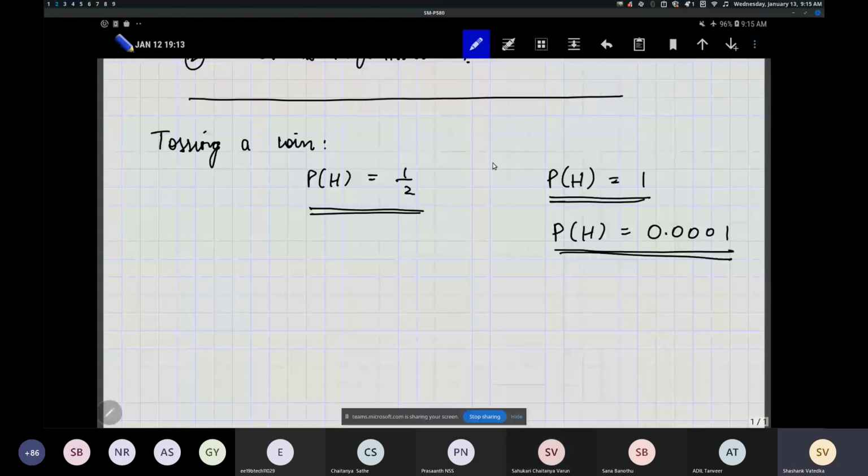Okay. So when I mean reduction in uncertainty, you know that you're going to toss a coin, right? Yes. But before tossing the coin, you don't know what the outcome is, right? Correct. Now, in the case of a fair coin, it's 50-50. It could be a head or it could be a tail.